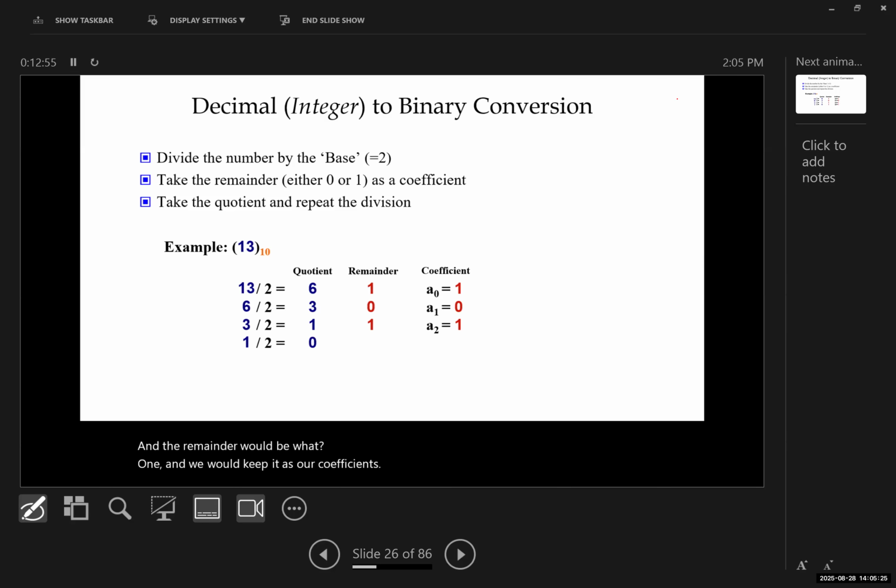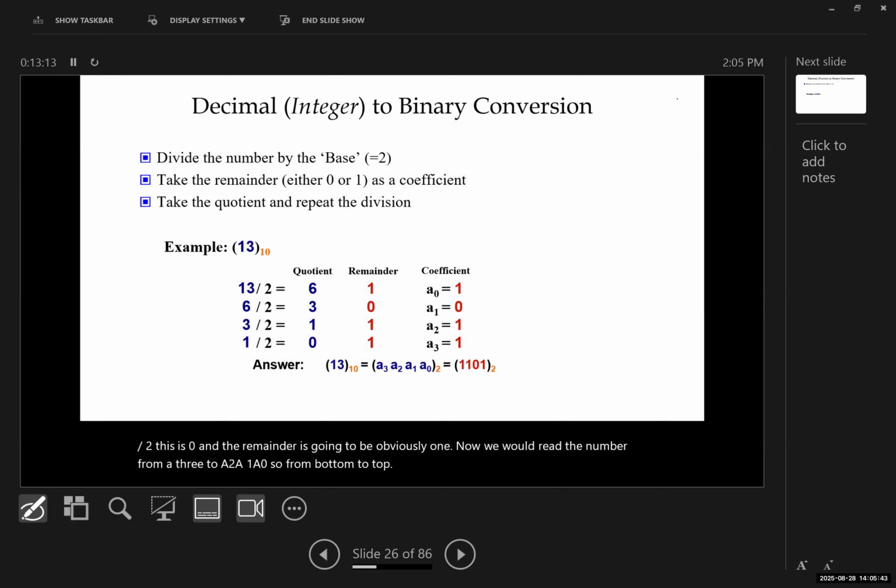And again, we keep the last quotient as well. 1 divided by 2 is 0, and the remainder is obviously 1. Now we read the number from A3 to A2, A1, A0, so from bottom to top. And that's going to be our answer. So 13 is going to be 1, 1, 0, 1.